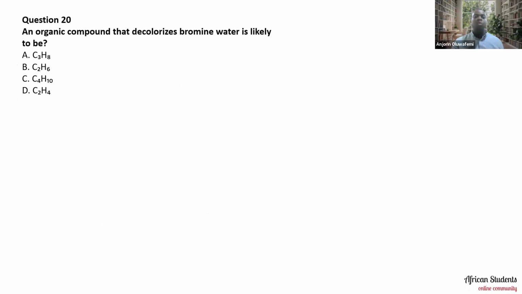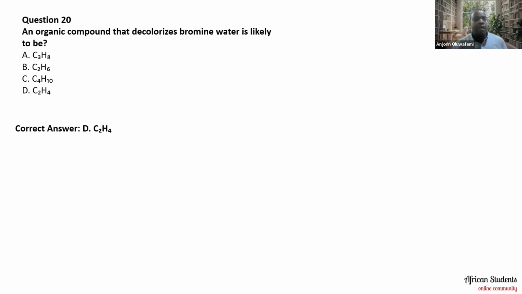Question 20 says that an organic compound that decolorizes bromine water is likely to be C3H8, C2H6, C4H10, or C2H4. So most definitely it should be an alkene, with a carbon double bond. When we look at those options carefully, you know that the right option for us is C2H4.